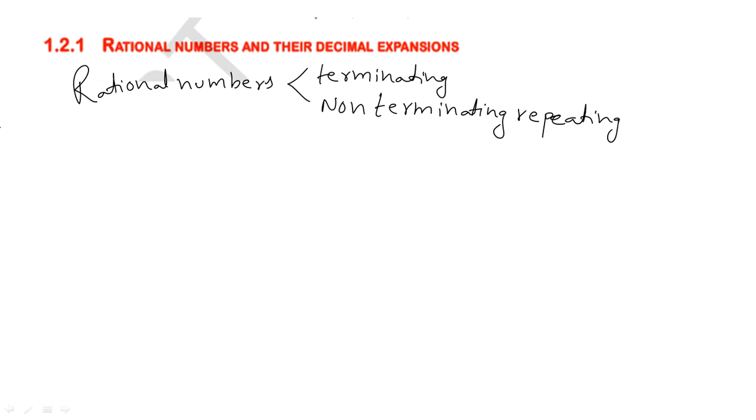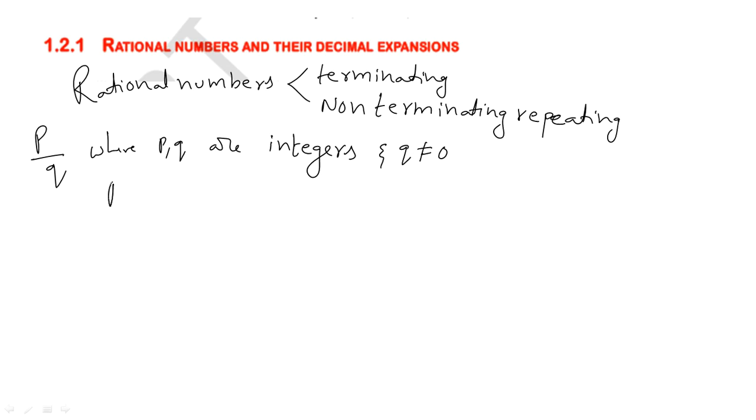So, what are rational numbers? A rational number should be of the form p by q, where p, q are integers and q should not be equal to 0. Then that is called a rational number.